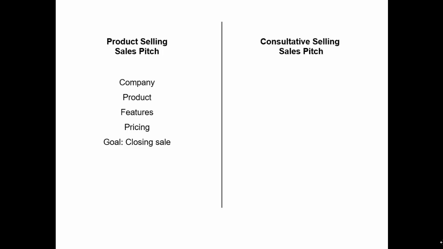What we recommend is changing more towards a consultative selling sales pitch, which is instead of talking about the products, talk about the benefits and improvements that the products help to deliver. Talk to the prospect about the problems that the product can help to resolve or common problems that prospects might have that need your product or service. Ask some good questions around what types of problems and challenges the prospect has, or if the prospect has the challenges that you can help to resolve.